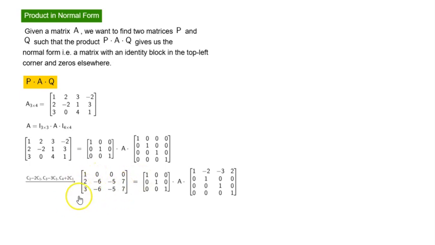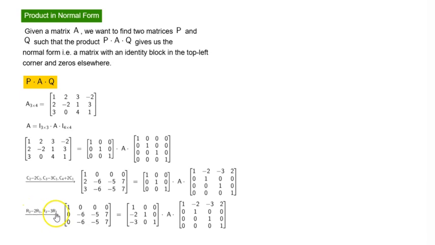Now, what's the objective of applying these operations? To transform the left-hand side matrix into the normal form. Now we apply row operations. When we apply row operations, we apply them to the left-hand side matrix and to the matrix on the left of A on the right-hand side.